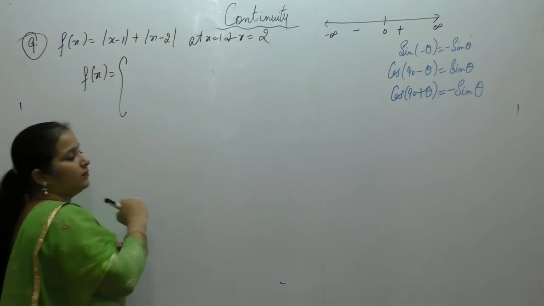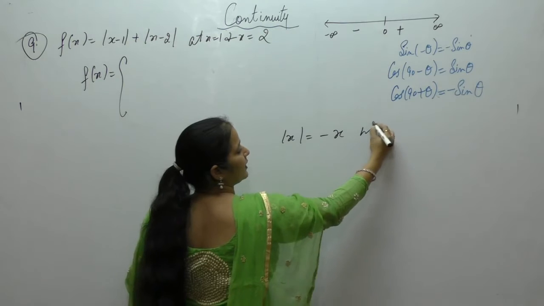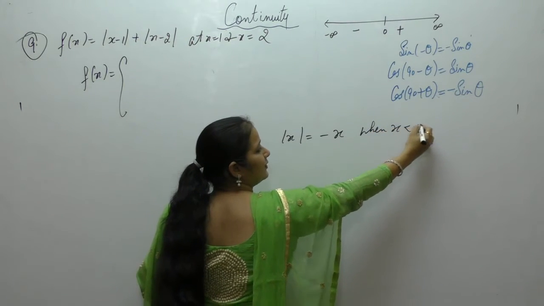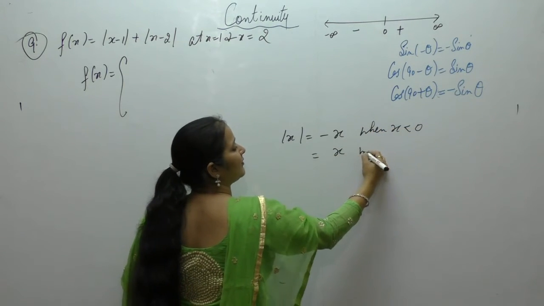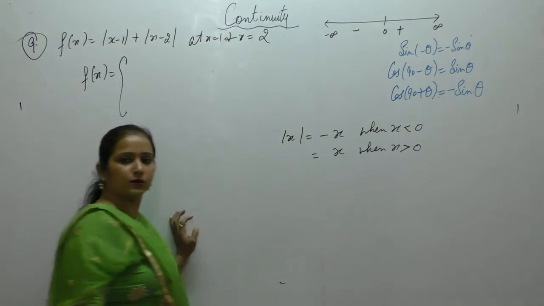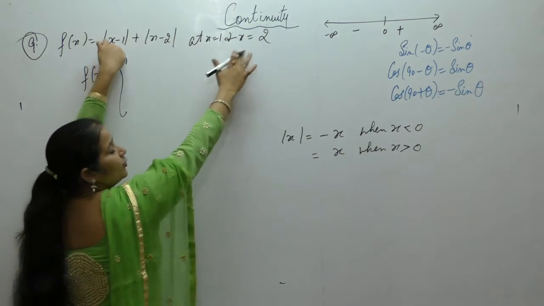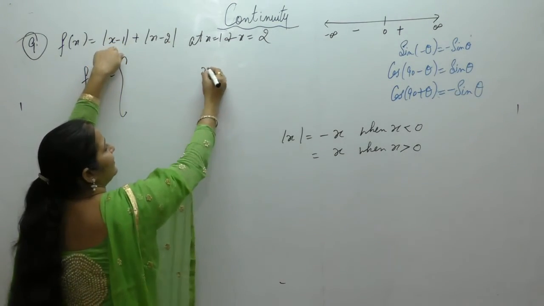We know that modulus of x has value negative when x is less than 0, value positive when x is greater than 0. Clear?